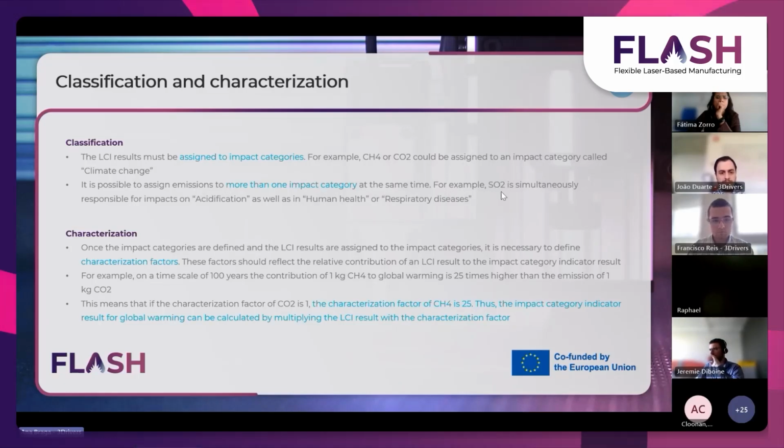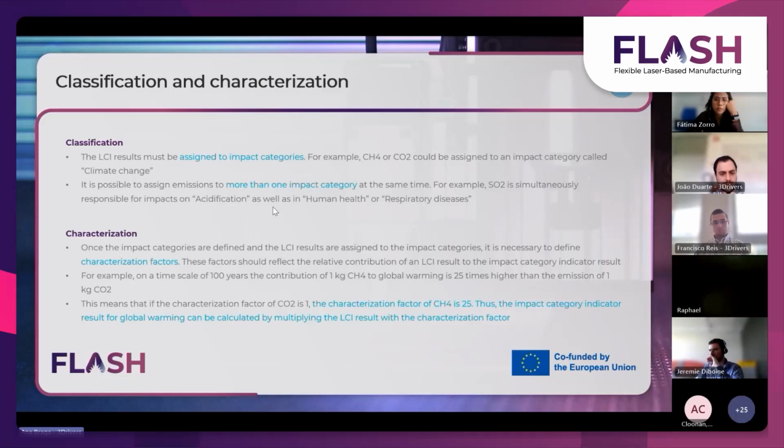For example, sulfur oxide is simultaneously responsible for impacts in acidification as well as in human health or respiratory diseases, for example. So in the characterization, once the impact categories are defined and the inventory results are assigned to the impact categories, it is necessary to define the characterization factors.